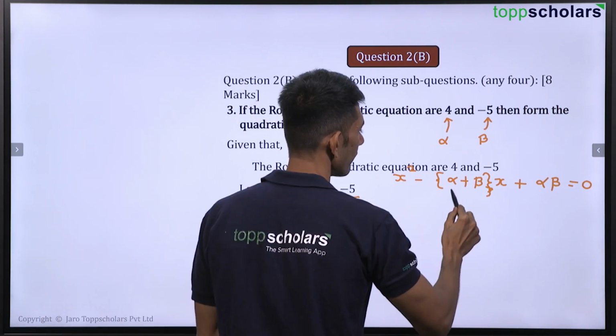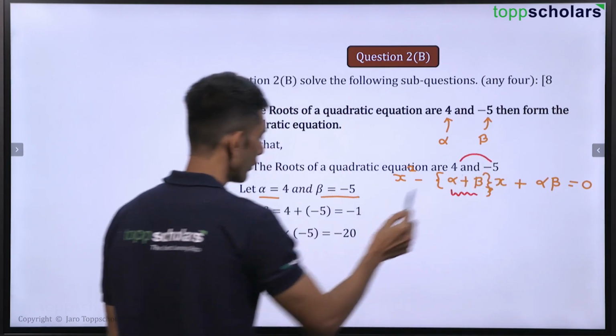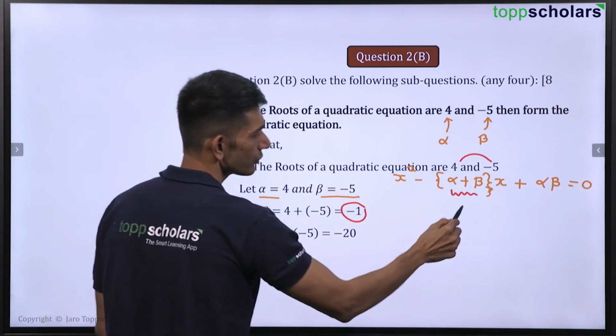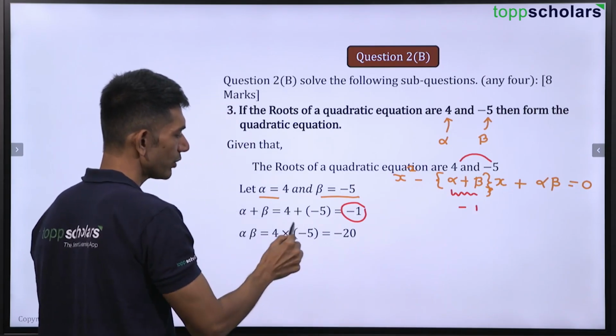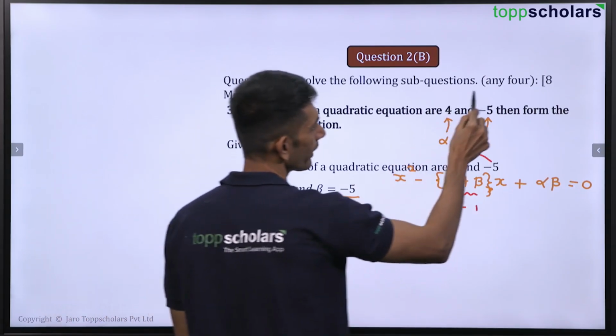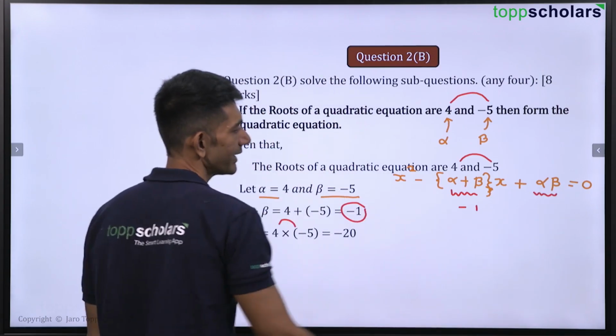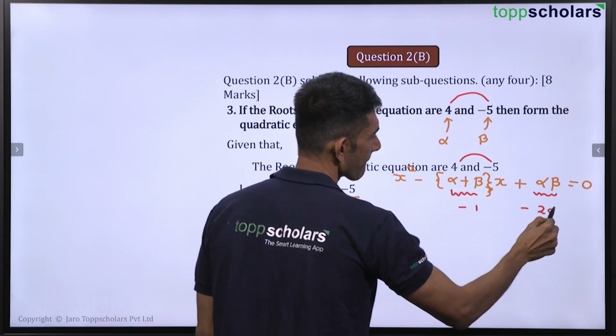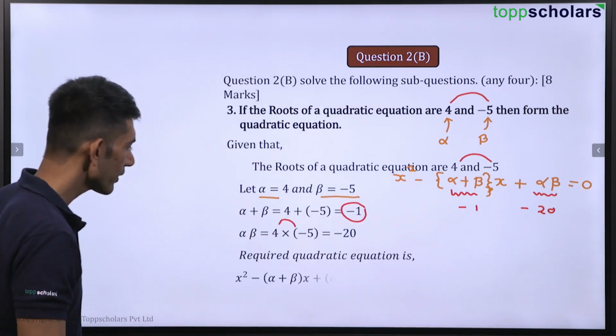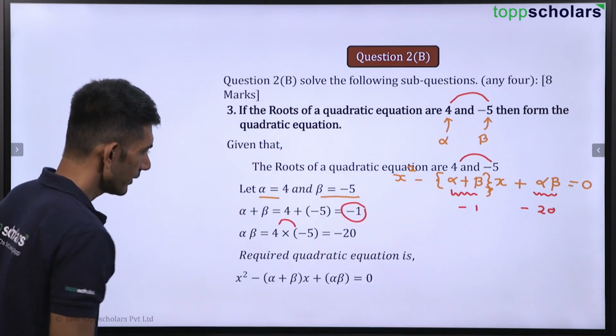Alpha plus beta, that is 4 plus minus 5, that is minus 1. So we'll put minus 1 here. Alpha into beta, that is 4 into minus 5, so we'll put minus 20 here. And that's how you get the required quadratic equation.